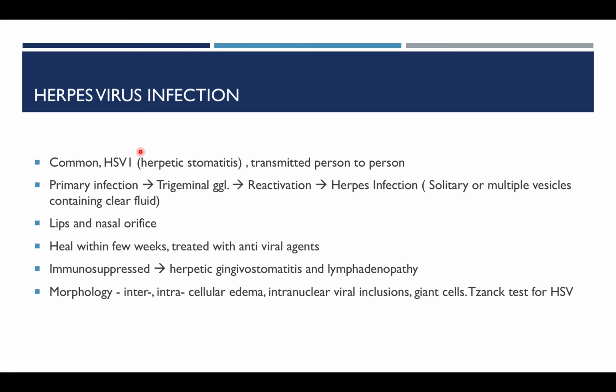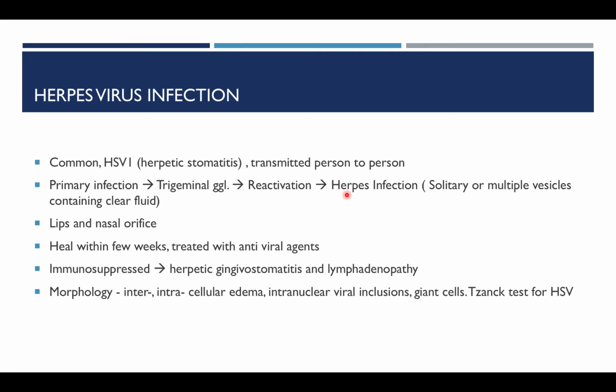And this virus stays dormant within the trigeminal ganglion. However, it can reactivate. Reactivation is usually due to fever, changes in temperature, or even trauma. Once reactivation occurs, we have herpes infection.